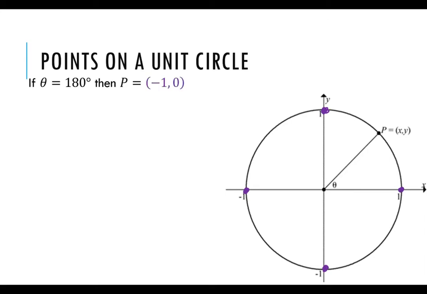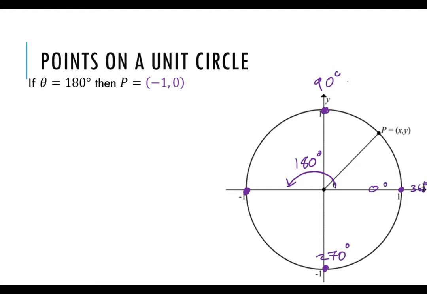That's the x-coordinate and the y-coordinate right here for a rotation of 180 degrees. Just like this will be for 90, this will be for 270, and this will be for 0 and 360 degrees.